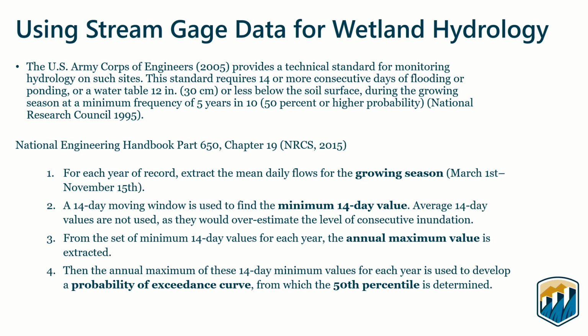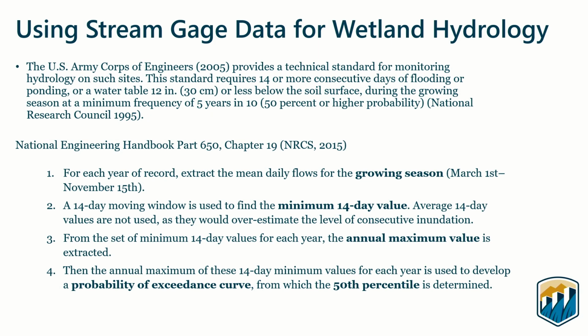The National Engineering Handbook, produced by the NRCS, took this definition and developed a very simple algorithm where you can take a stream gauge and translate that gauge data into, quote-unquote, wetland hydrology, meaning the value where ponding or inundation is likely to occur 14 or more consecutive days for 5 out of 10 years.